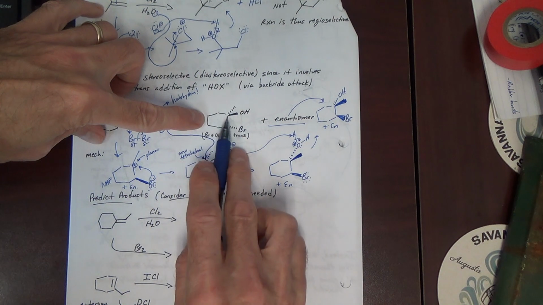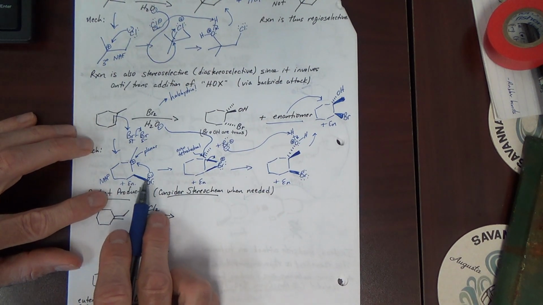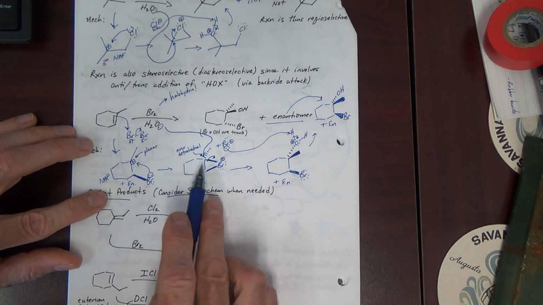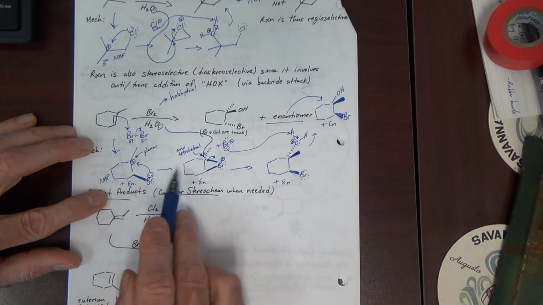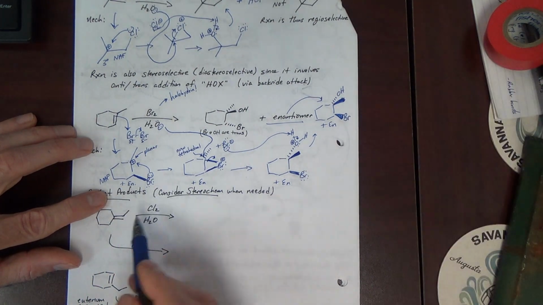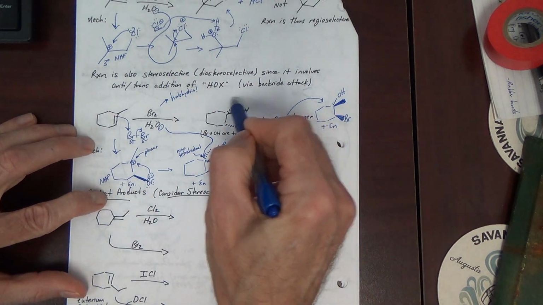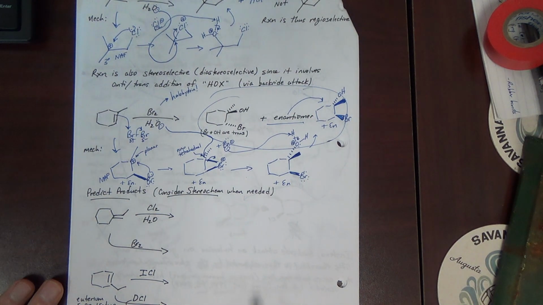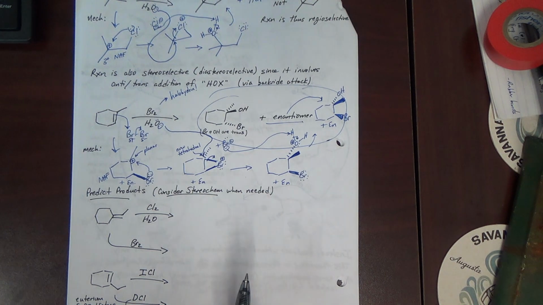We could have gotten this structure if instead of drawing this bromine forward, I had drawn it back, both of these back, that would have led us to that structure. Instead, I chose to draw that one forward, and this leads us to this structure. In actuality, you get both of these, and you get both of those. A lot of times when we show such products, we show one and we can just say plus enantiomer.